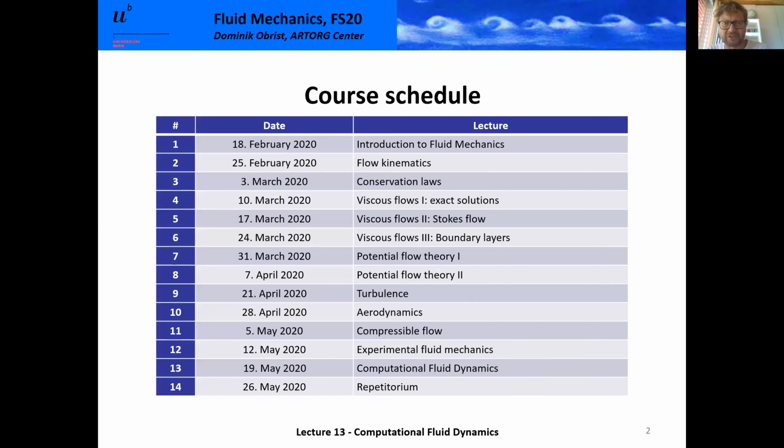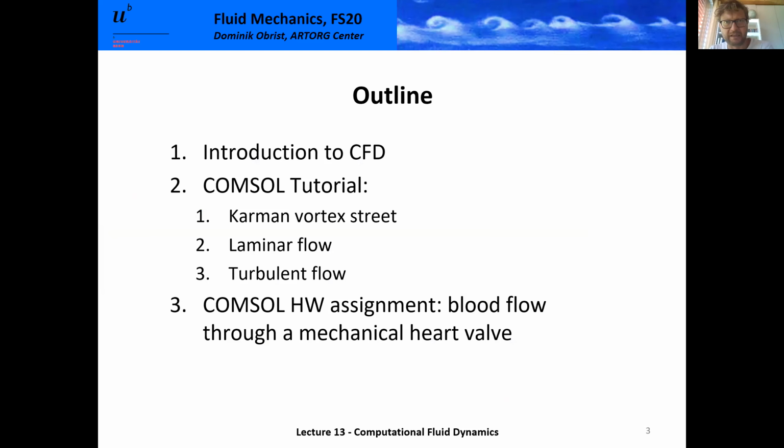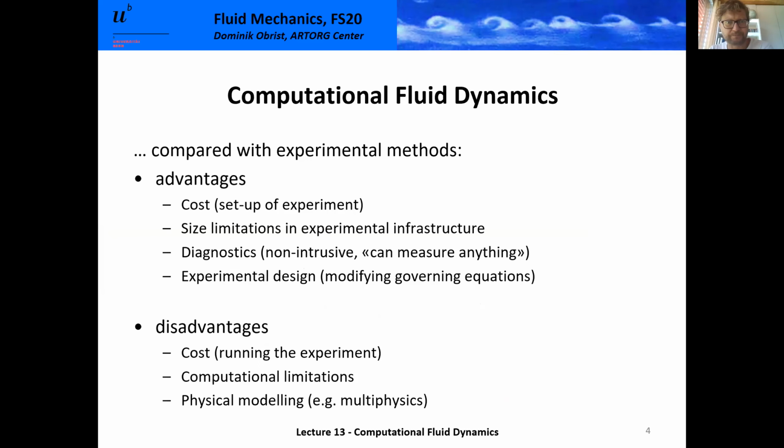Like this simulation you see here, this is a jet, a turbulent jet. This took definitely several weeks, if not months, in execution time to simulate this on a big computer, on a supercomputer in Lugano. So the cost can be high for running the experiment, whereas turning on the wind tunnel, it just goes.